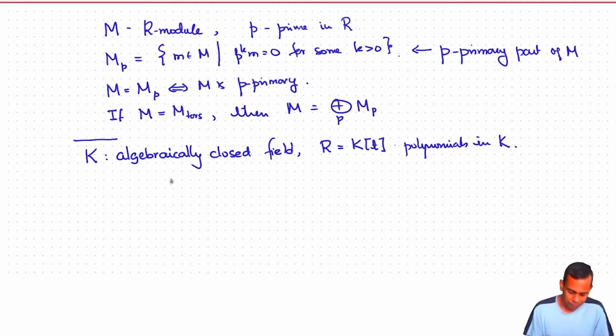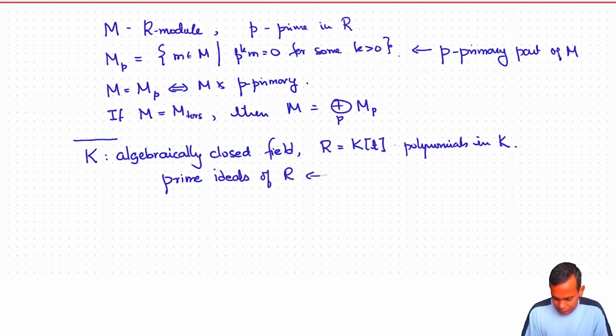Well, we've seen that primes of R are basically linear polynomials, and so prime ideals of R, let's say, each one is generated by a monic polynomial.